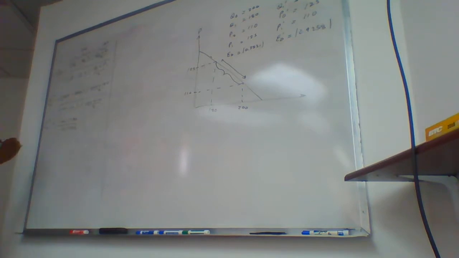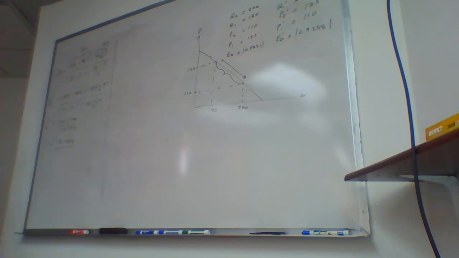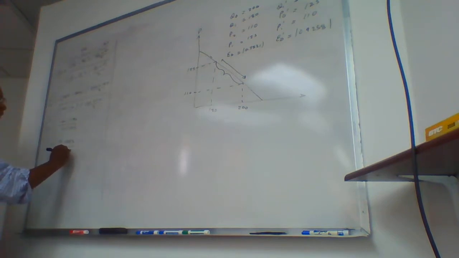All right. And what's 20 divided by 190? 0.1053. And 15 divided by 117.5? 0.1277.